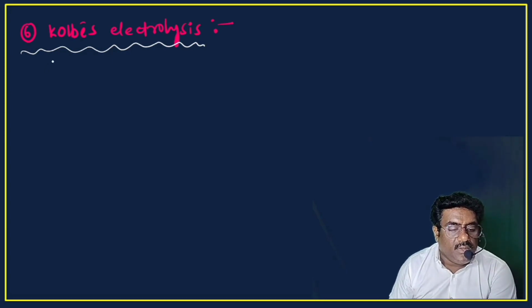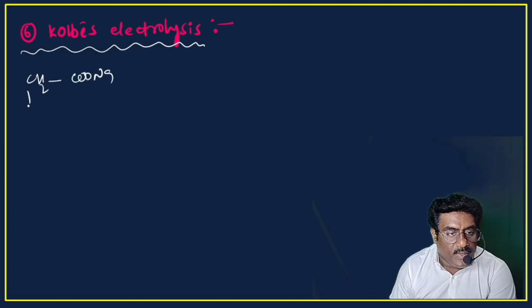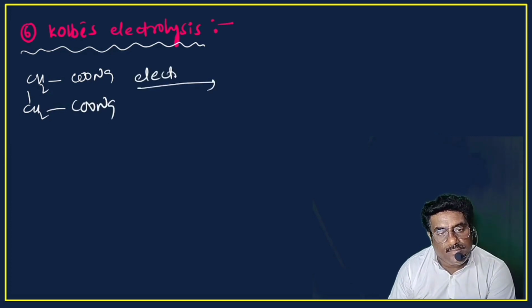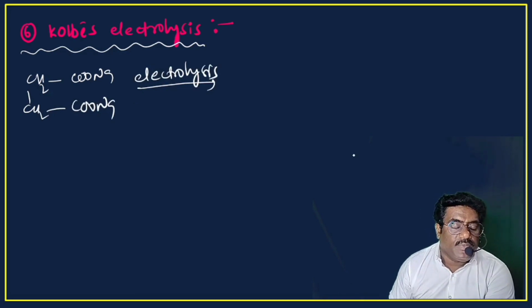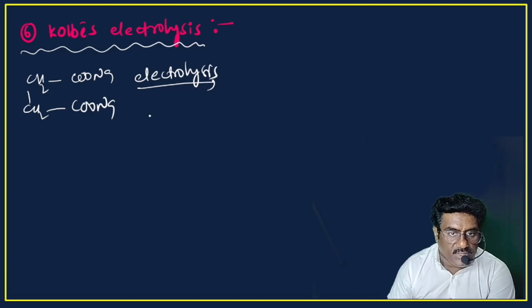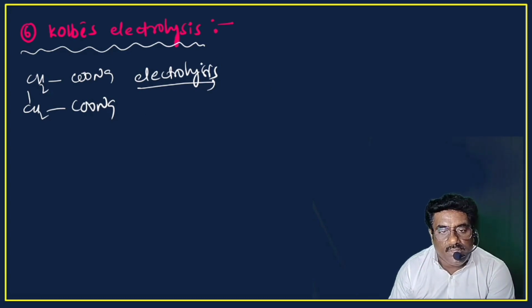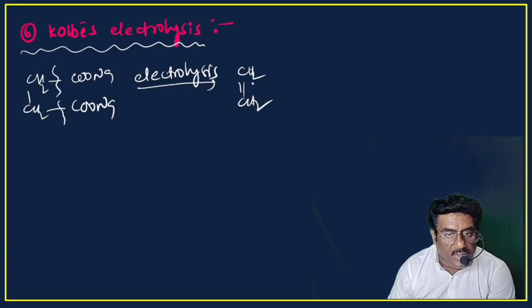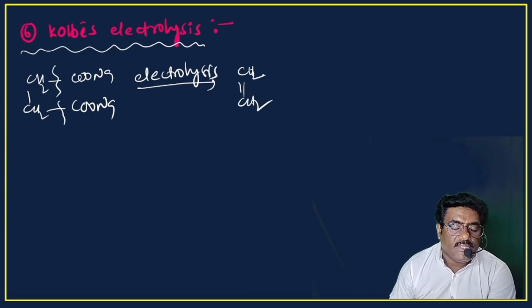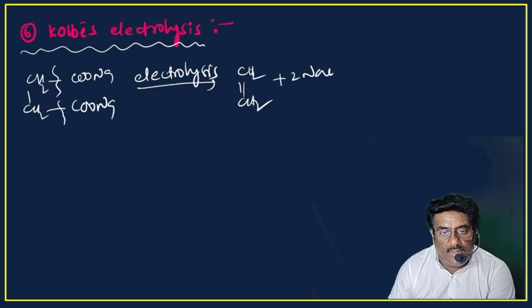For example, an aqueous solution of CH2COONa and CH2COONa under electrolysis. The bonds break and form CH2 double bond CH2, releasing carbon dioxide.